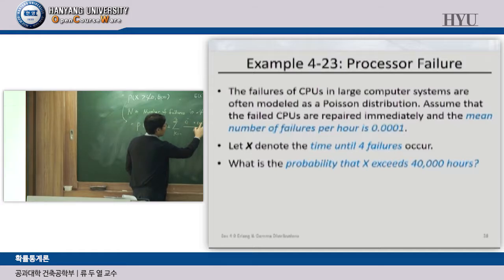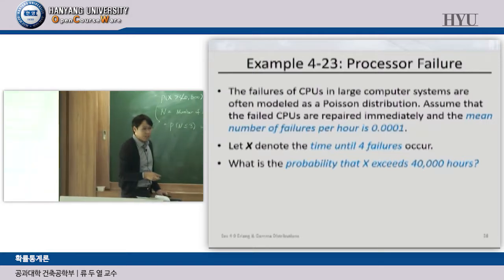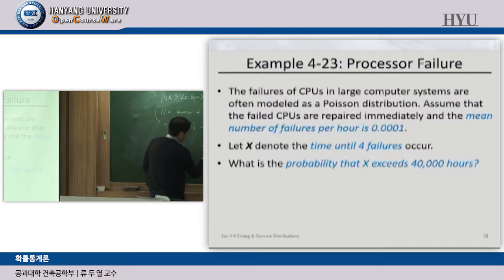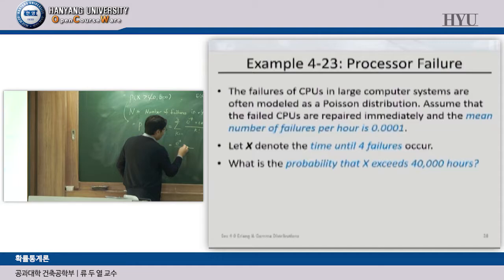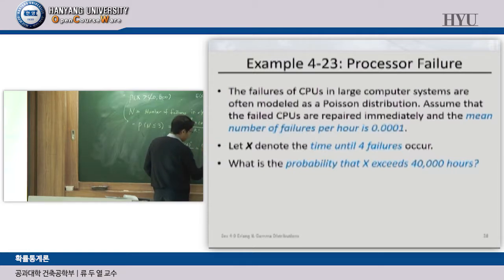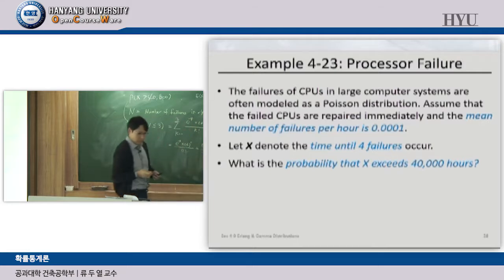So this will be e to the minus 4 times 4 to the 0th power over 0 factorial, plus e to the minus 4 times 4 to the first power over 1 factorial, plus e to the minus 4 times 4 squared over 2 factorial, plus e to the minus 4 times 4 to the third power over 3 factorial.